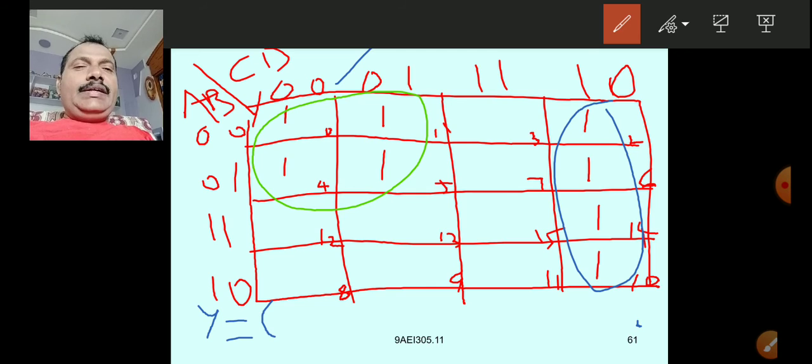In the row side, A is not changing because this group is occupying two rows, but B is changing. The changing variable will be eliminated, and the unchanged variable is taken: A bar.